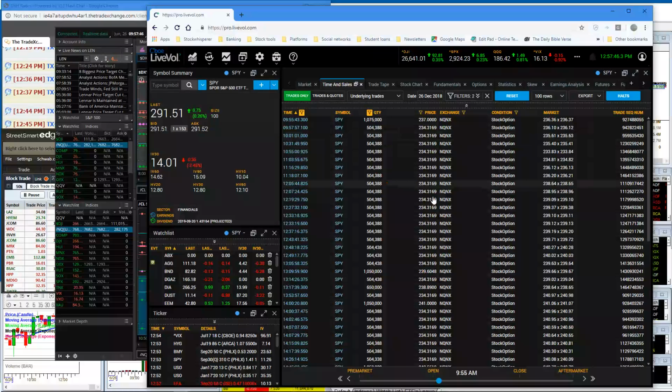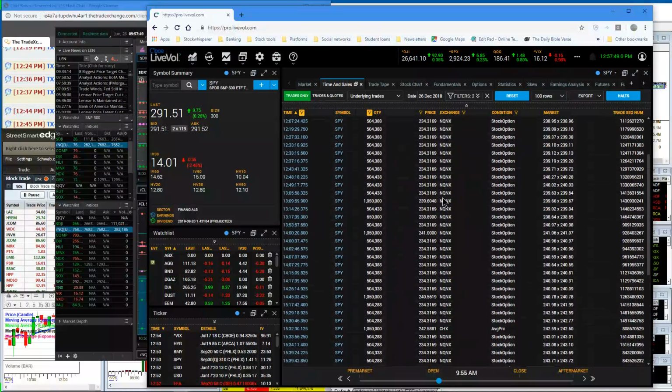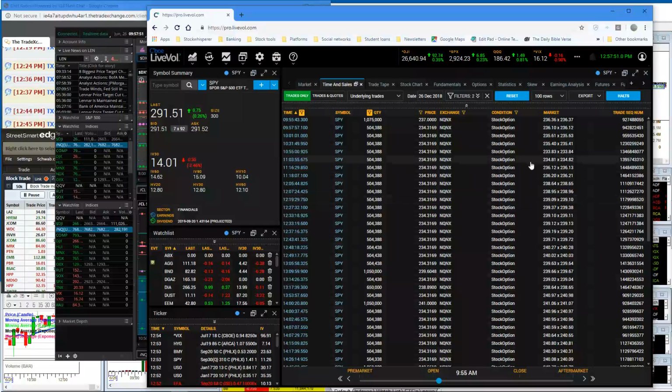It keeps going. Look, it keeps going. The biggest level ever. And the key is that these prints happened at 234.31. And look at the price as it went up all day. See this? It went all the way from 233 to 240 to 248.